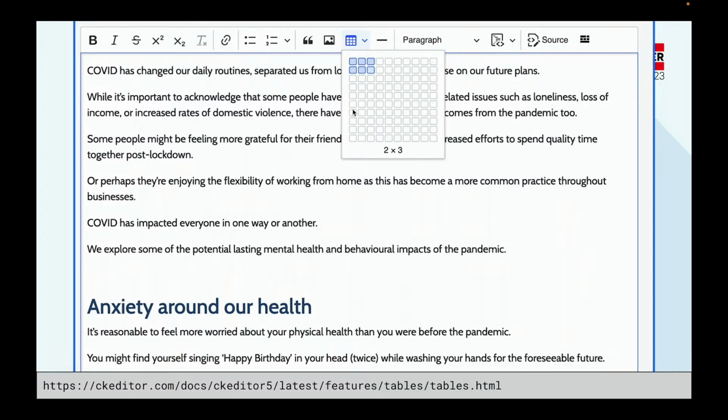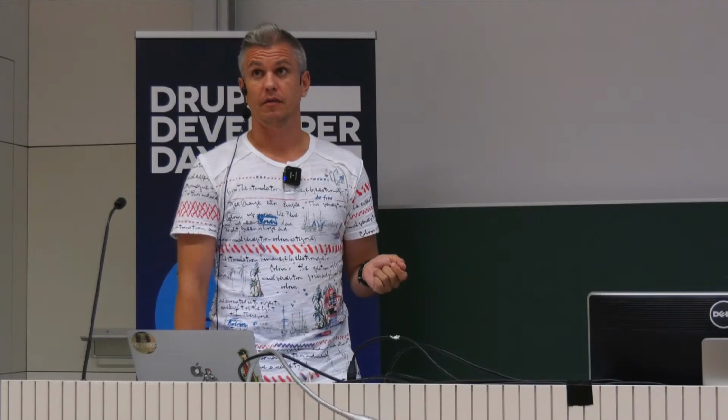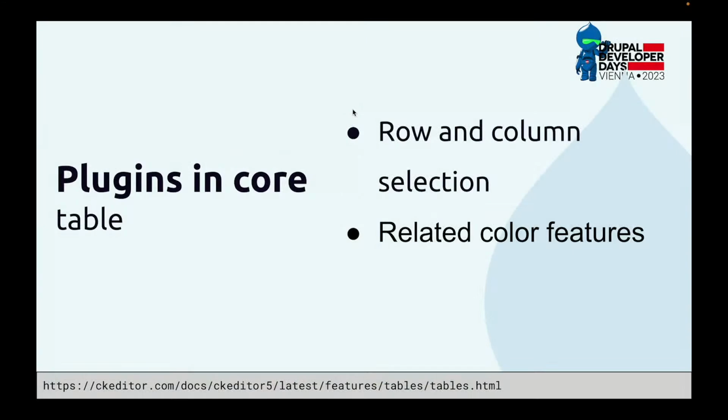This is how a table looks in CKEditor 5. Nice and simple. Resembles quite a few Office solutions as well. But also the new document model brought things like row and column selection, related color features.